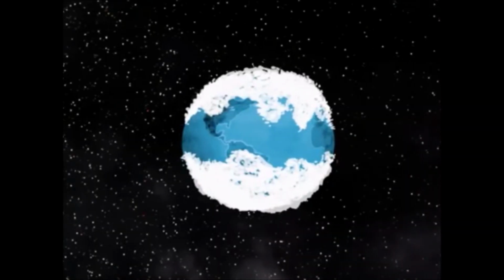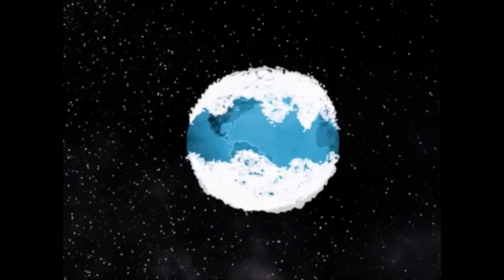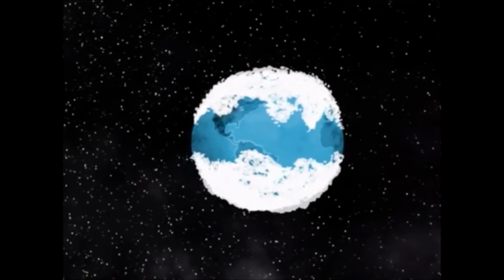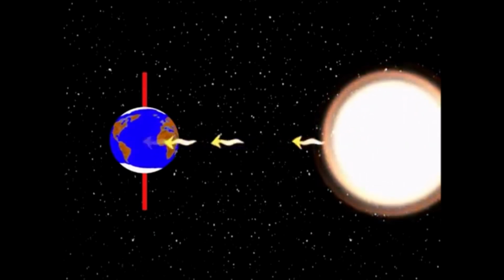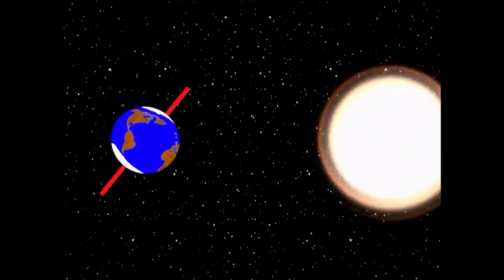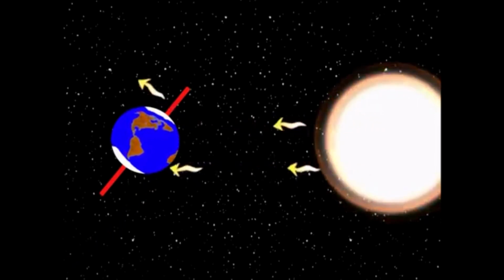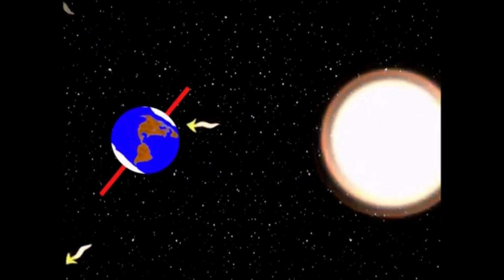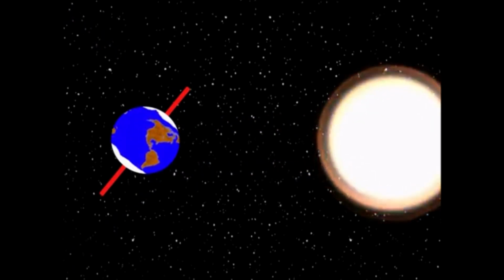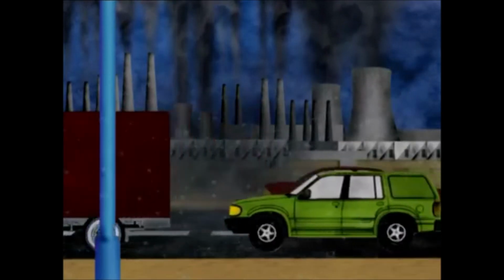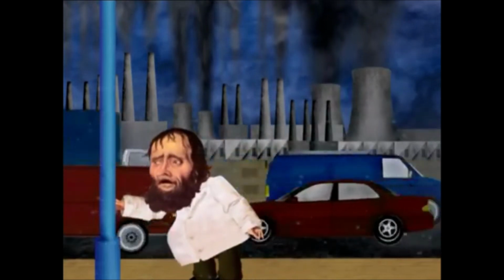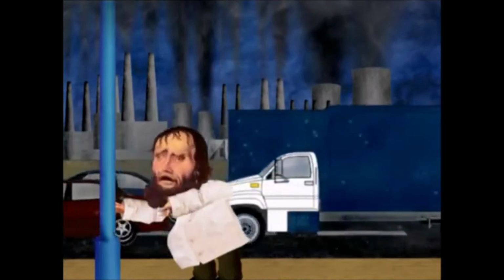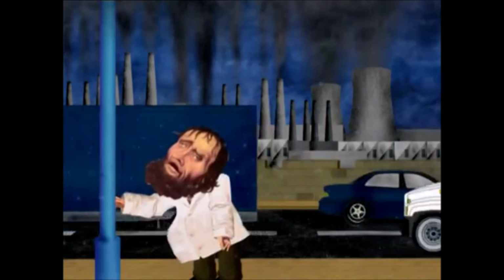Scientists say there have been several cold periods in the Earth's history, and that they repeat every 40,000 years. The Earth cools down because of variations in its degree of inclination towards the sun, and the sun's rays don't heat it up so much anymore. They also say that pollution heats up the Earth's surface and produces more evaporation.